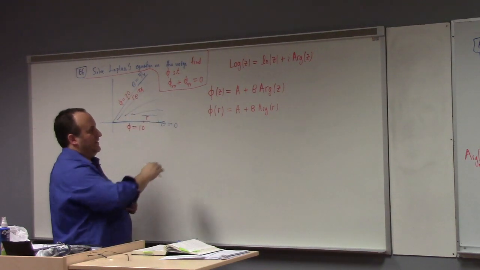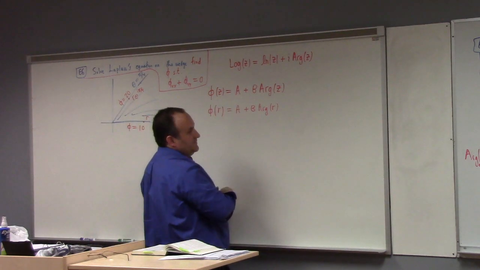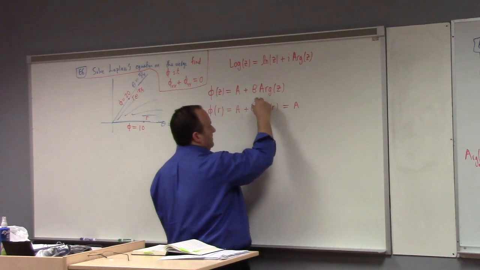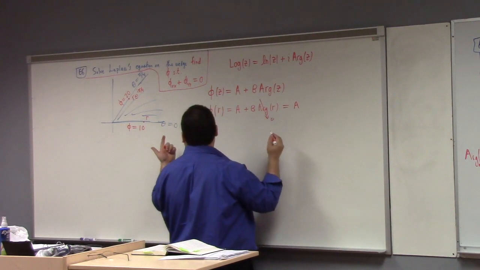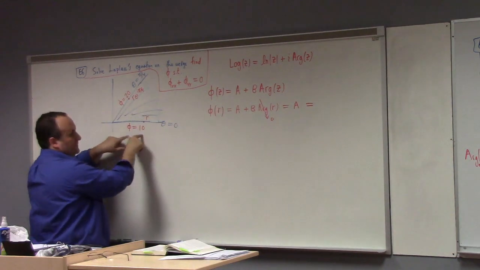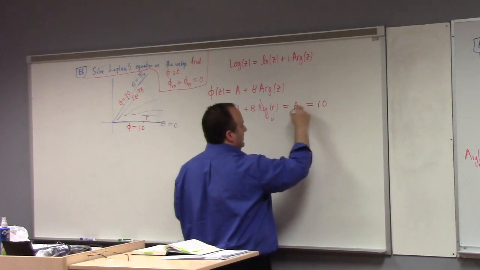So in other words, just a real input. What's the argument of a real number? Well, it's 0. So this is equal to A, because this is 0. And I wanted this to also be equal to what I was trying it to be, 10. So set that equal to 10. Apparently A must be 10.